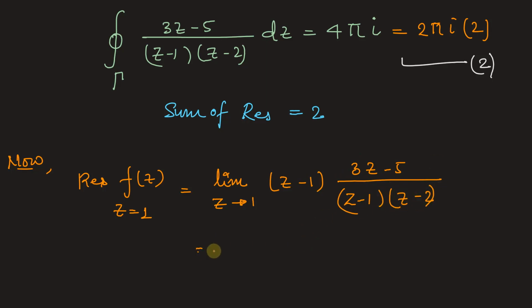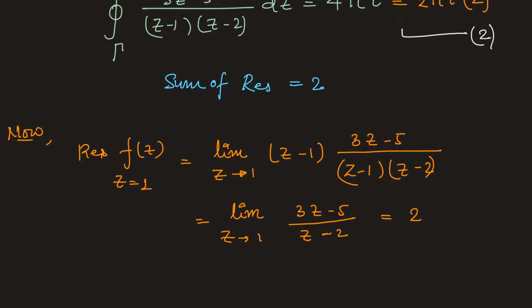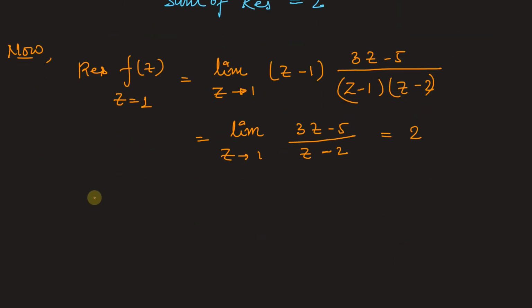This we can also write as the limit as z tends to 1 of (3z minus 5) divided by (z minus 2). If we substitute the limit z is equal to 1, we get the residue at z is equal to 1 is 2.